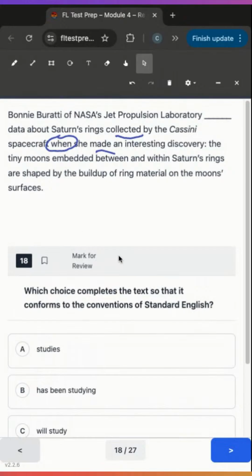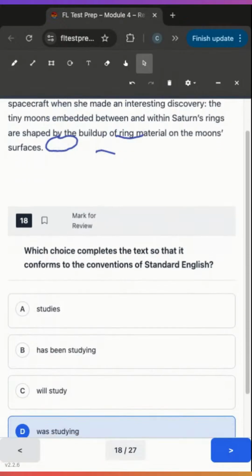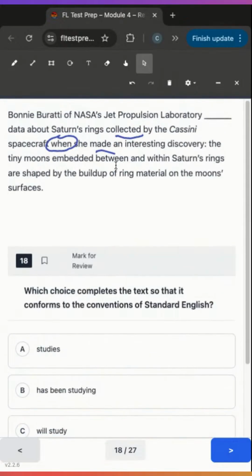So it's probably "Bonnie Buriati of NASA's Jet Propulsion Laboratory was studying data about Saturn's rings collected by the Cassini spacecraft." So it makes the most sense that D is going to be the correct answer because all the other verbs are past tense and it sounds the best versus "laboratory studies data," "has been studying data," "will study." Nah, it's probably "was studying." All right, let's move on.